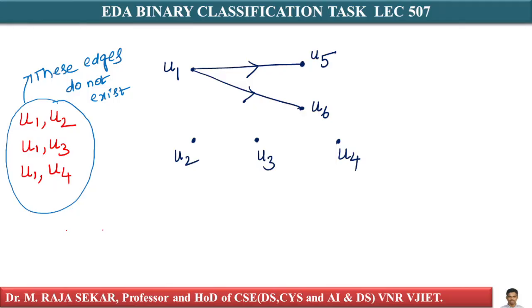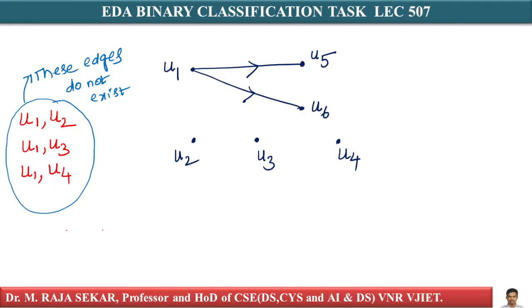Both of them are input here, but I don't have an edge between u1 and u2, u1 and u3, u1 and u4. Those edges do not exist. So what I can do is add u1, u2 and give class label 0. What is the label of u1, u2? It is a class label of 0 because there is no edge between them.